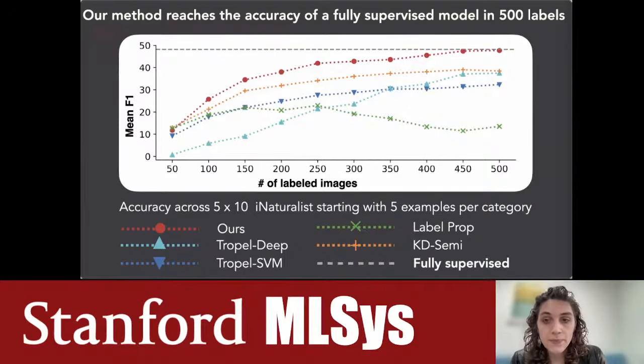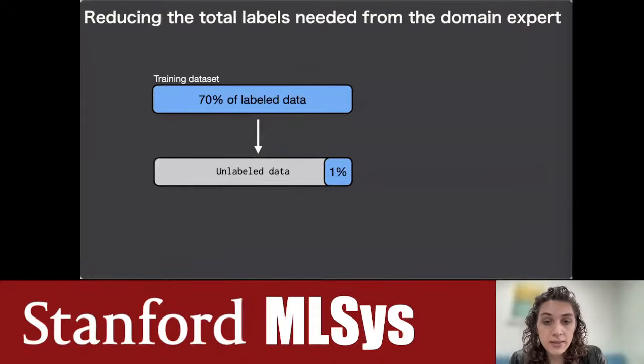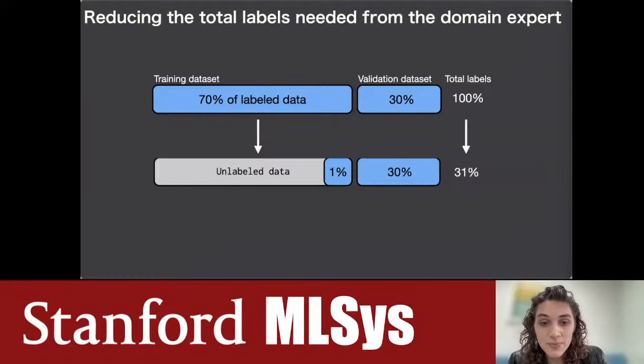So stepping back a bit, what we've done is to make it more feasible to train models with a single domain expert by reducing the total number of human labels we need. And this goal is pretty similar to other efforts in semi-supervised, self-supervised, few shot learning. But what we haven't addressed is that we still need to label lots of data for then validating these models, right?